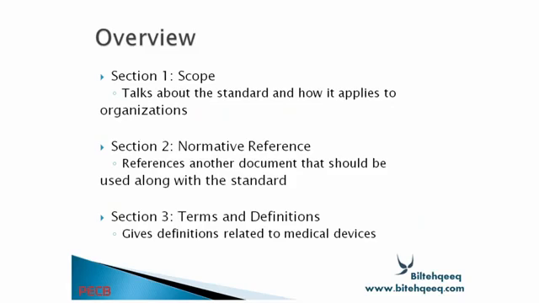Now, as we go further, we have different sections and we will overview these sections. Section 1 covers the scope, talks about the standard and how it applies to the organization. Section 2, normative references, other documents that should be used along with the standard.